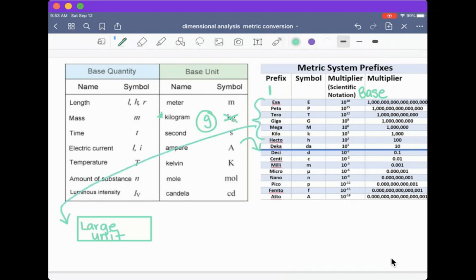And then on the other side, we're going to have my small units.